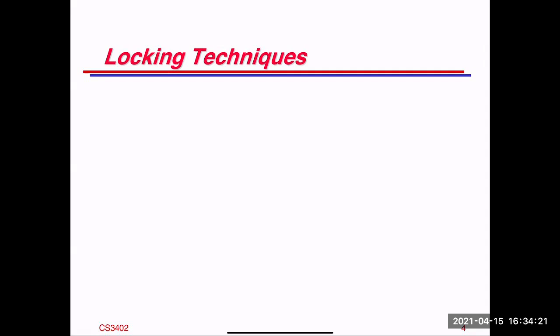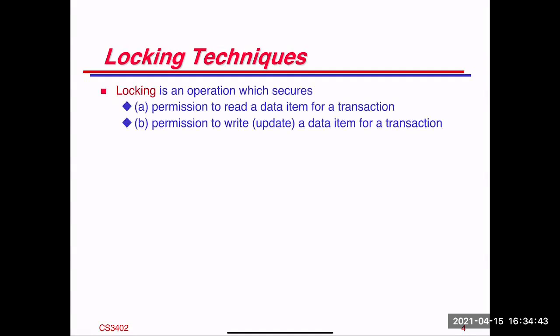For instance, an item could be locked for writing, meaning you can't access the item for writing at this point in time. The main techniques used to control concurrent execution of transactions are based on the concept of locking data items.